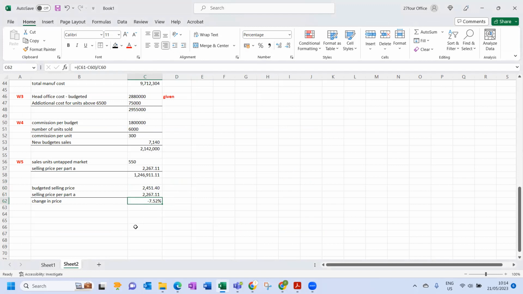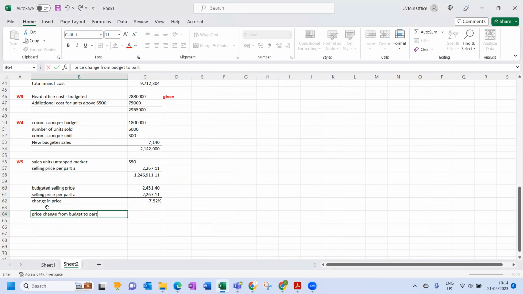So therefore, that will result in an increase of 15%. Okay, so we will say price change from budget to part A results in 7.52% reduction.